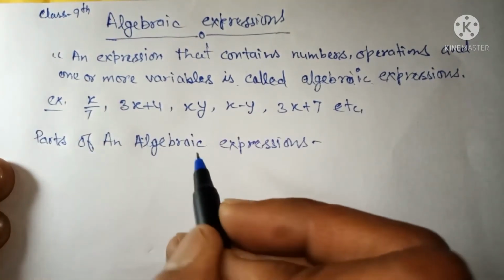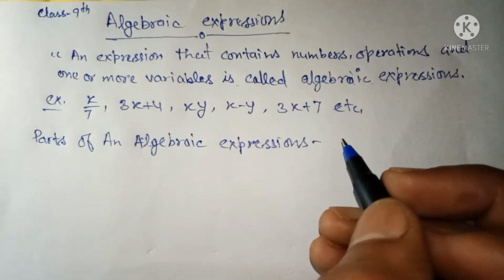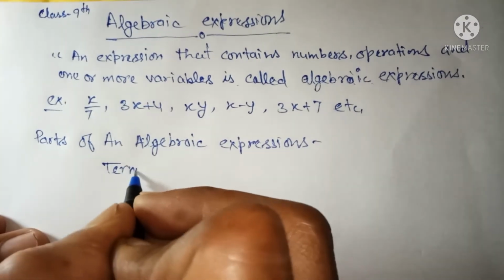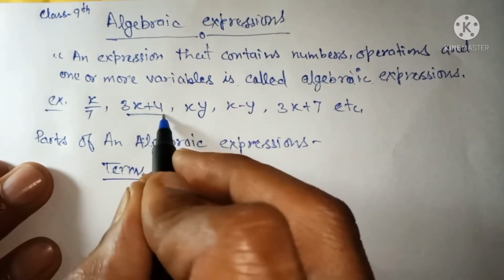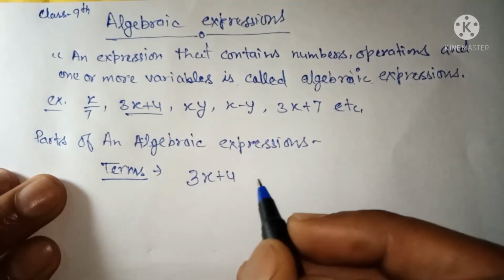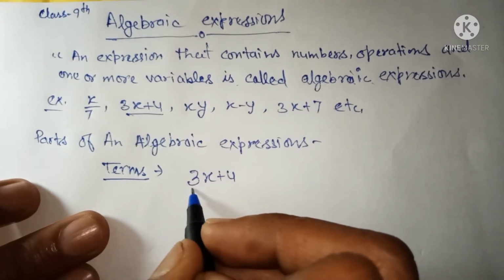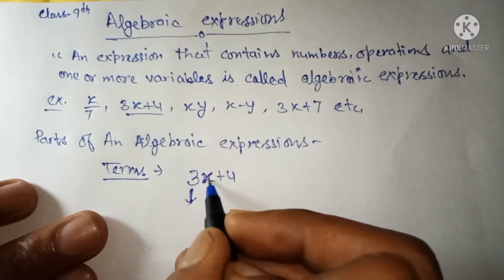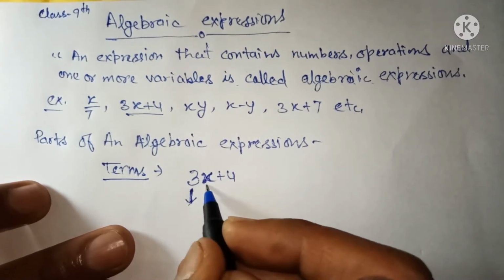Now, parts of an algebraic expression. First of all, we can take terms. Taking this example, 3x plus 4, this is an algebraic expression, and here 3 is multiplied by x, where 3 is a number and x is a variable.